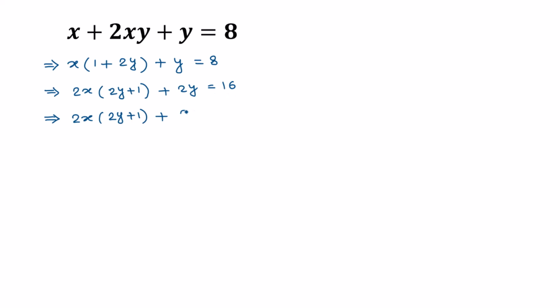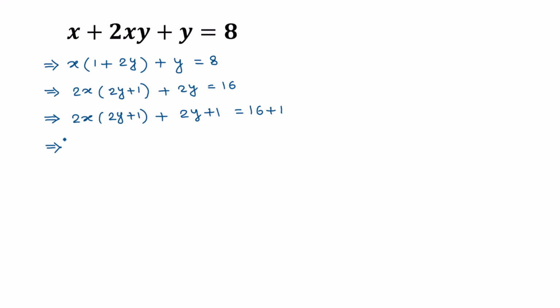So 2y plus 1 is equal to 16 plus 1, and this plus 1 and this plus 1 will cancel from both sides.